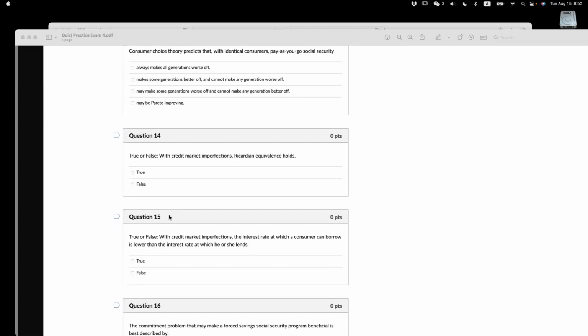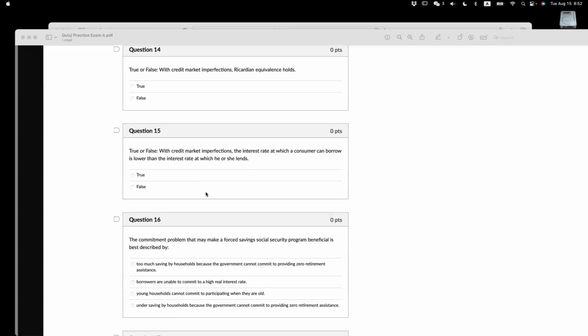But with credit market imperfection, if the government reduces tax today, that's equivalently the government lending to households at a lower price, a lower interest rate, okay? So that is going to have a real impact on consumers' current consumption. That's going to lead to the failure of Ricardian equivalence.